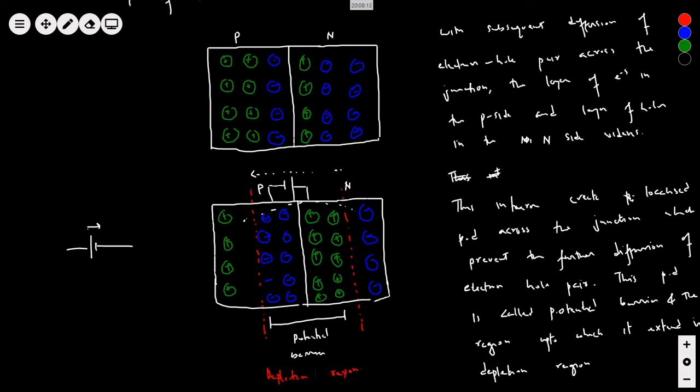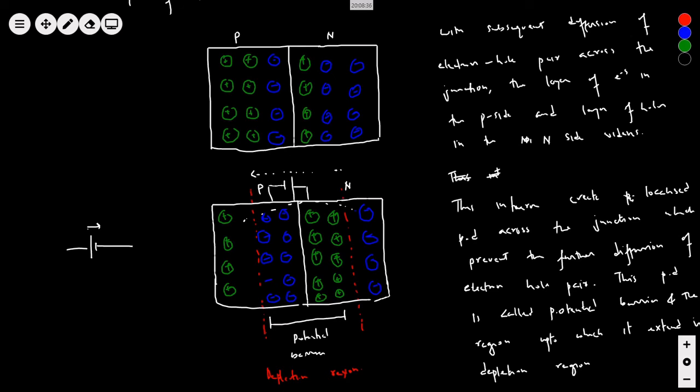Some hole concentration at the N side near the junction will reduce, and some electron concentration near the junction in the P side will reduce, but the barrier will not be completely broken.